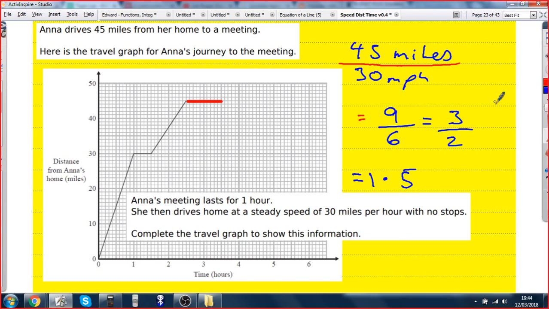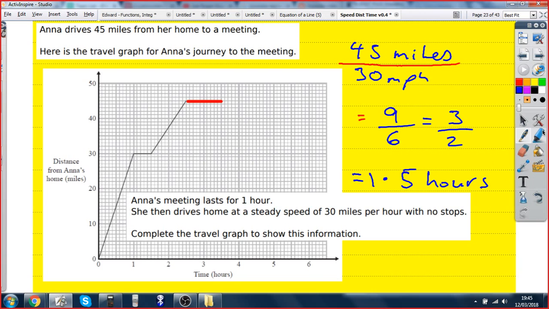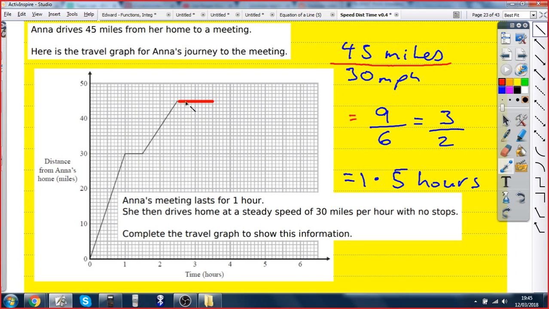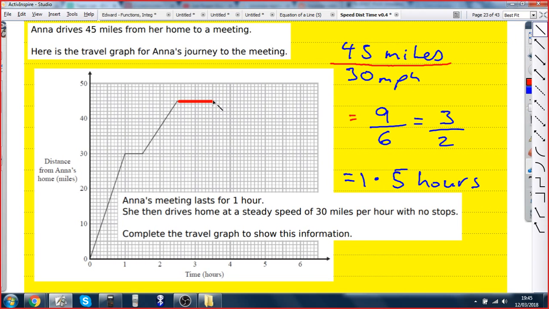The time. What's the unit? Hours. Yeah. So basically, she drives 45 miles at a speed of 30 miles per hour. So to drive 45 miles home takes 1.5 hours.